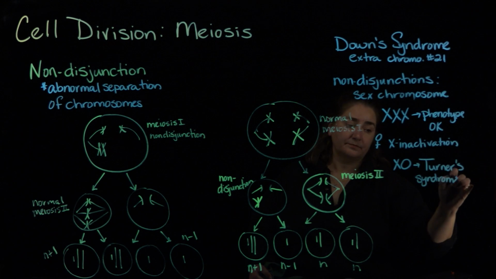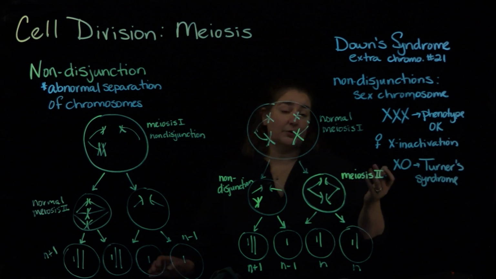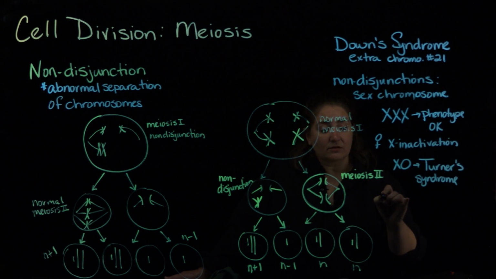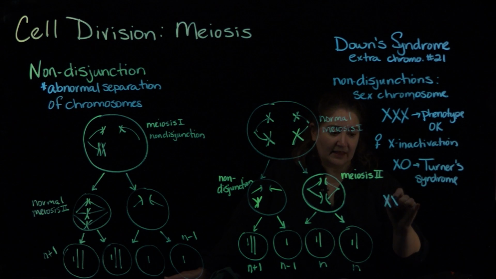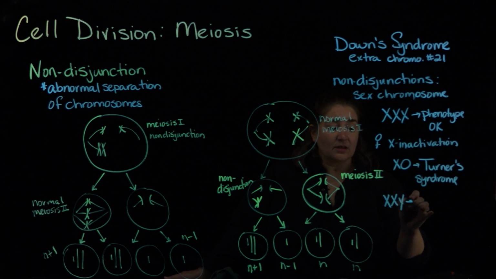This process can also happen with the male chromosome, the Y chromosome. You can have a male that is XXY, where there's a non-disjunction in the X chromosome and the male gets 2 X chromosomes.